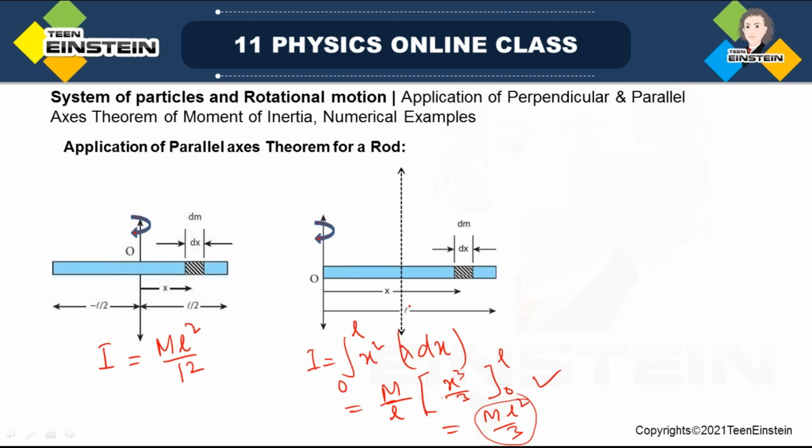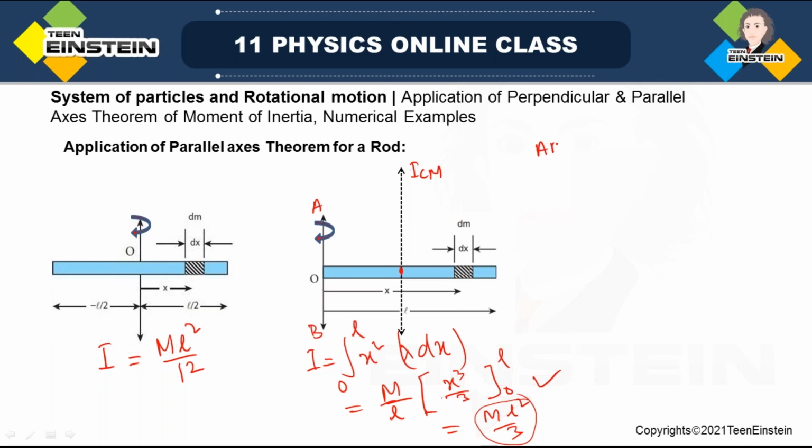So for doing that, you know the moment of inertia here. This is actually the axis which is passing through the center of mass for this rod. Suppose this is some axis AB.